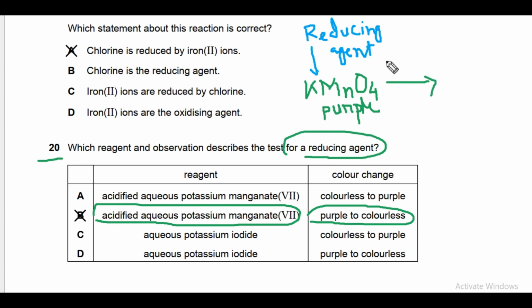With a reducing agent, potassium permanganate goes to manganese(II) ion. Manganese(II) ion is colorless. So how can you test for a reducing agent? A reducing agent is added to acidified potassium permanganate. Potassium permanganate turns from purple to colorless. This is the test for reducing agent.